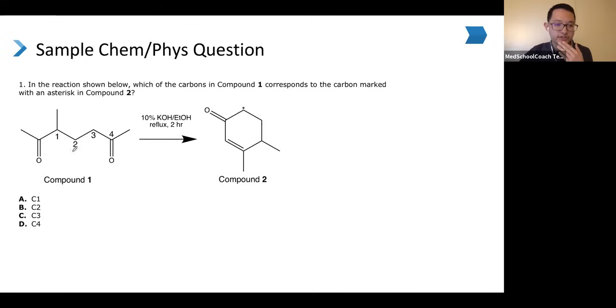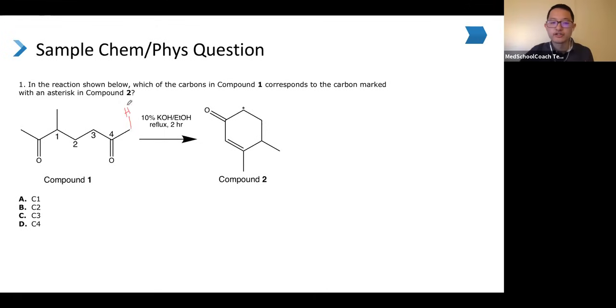If you're looking at alpha hydrogens, you have some here, some here, some here, and some here. But you have to think about which of these alpha hydrogens, if removed, is going to form a compound that results in the desired product, compound 2. For the sake of this presentation, I'm not going to run through all the different possible combinations, but it turns out it's the hydrogen on this carbon that you're going to remove.